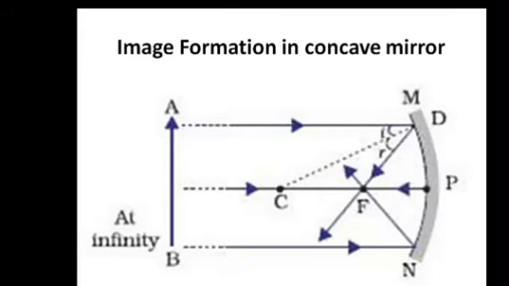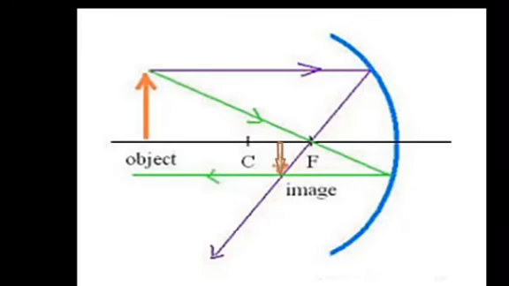Let us see the image formation in concave mirror once again. If the object is at infinity, the image will be at the principal focus, and the image will be diminished and inverted. Is it not?